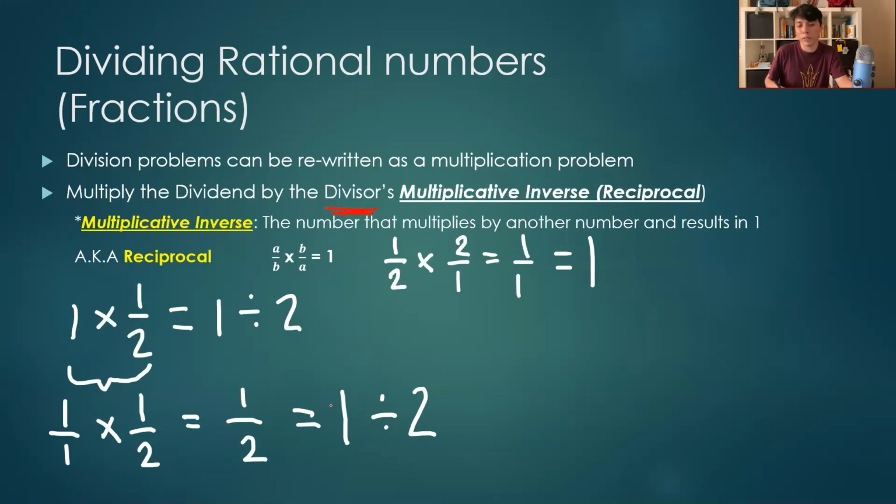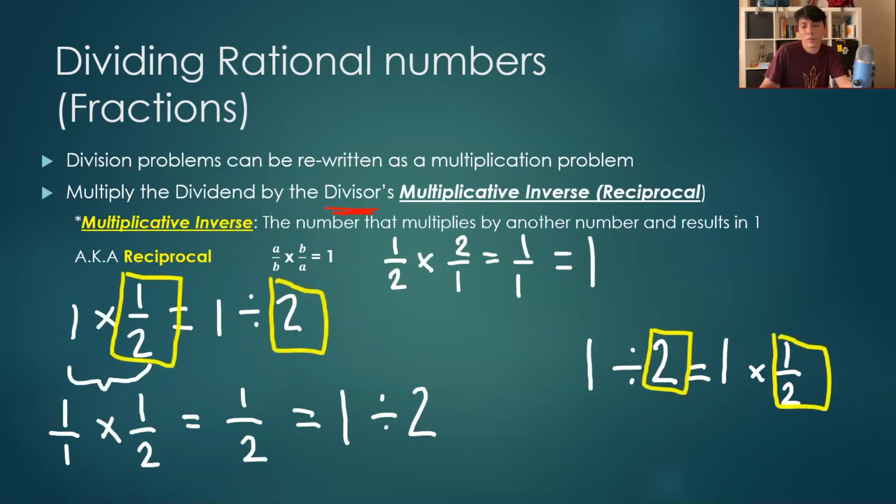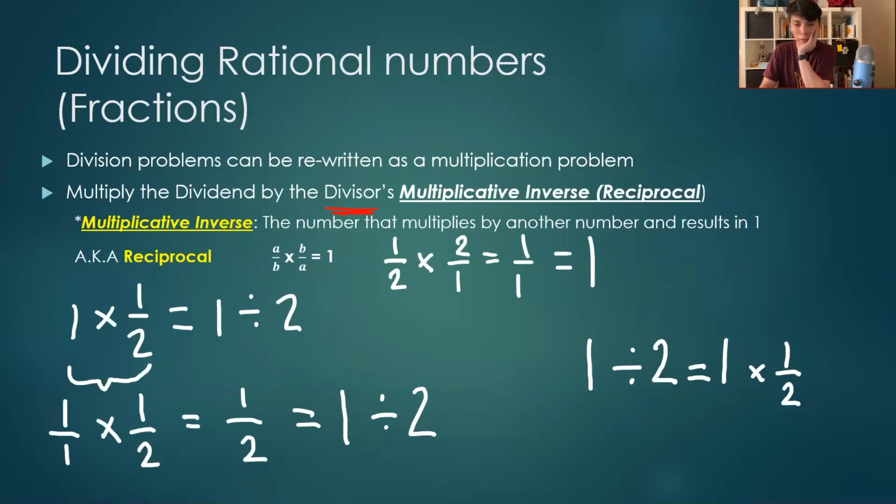And you see that this is the same. So 1 divided by 2 does in fact equal 1 times half. I just highlighted the reciprocals there. You can pause the video to take these notes down if you want, and resume when you're ready.